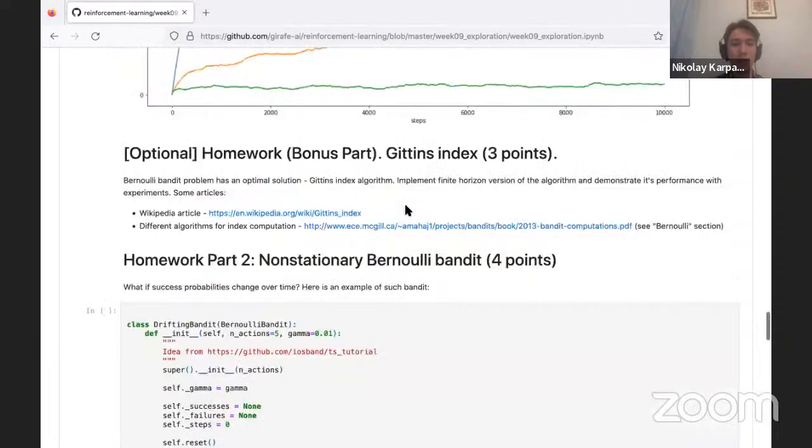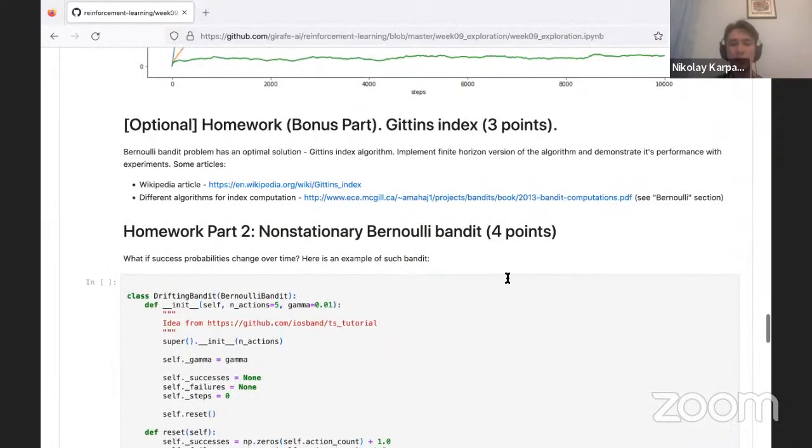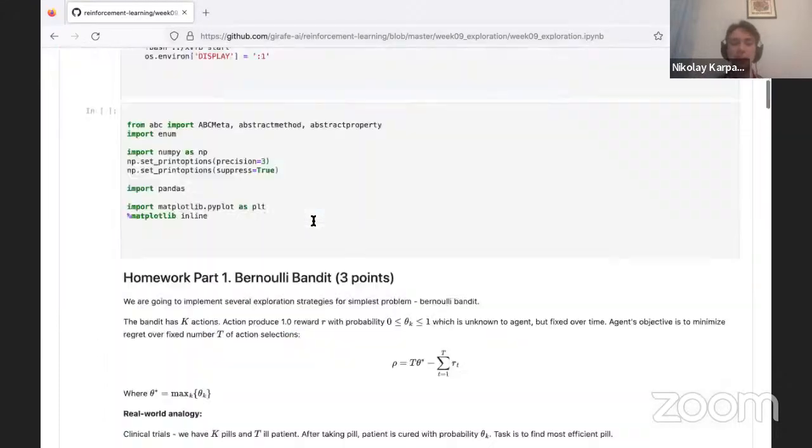So that's the first part. There is also a second part, which is different from the first one in terms of non-stationarity. Stationarity is basically whether the parameters of the environment change over time or not. In the first part, the environment is stationary.